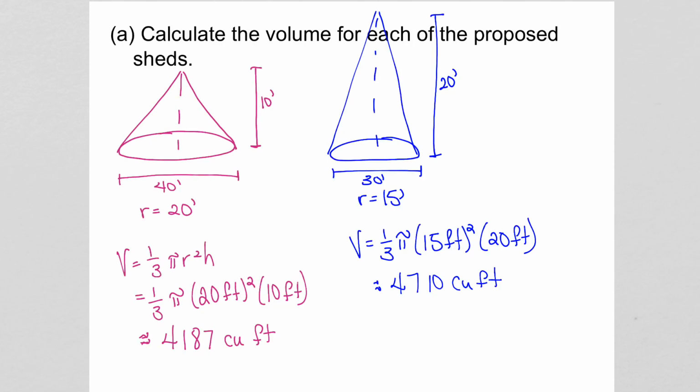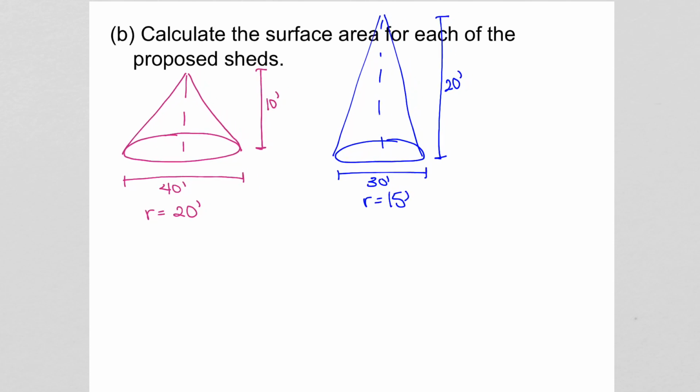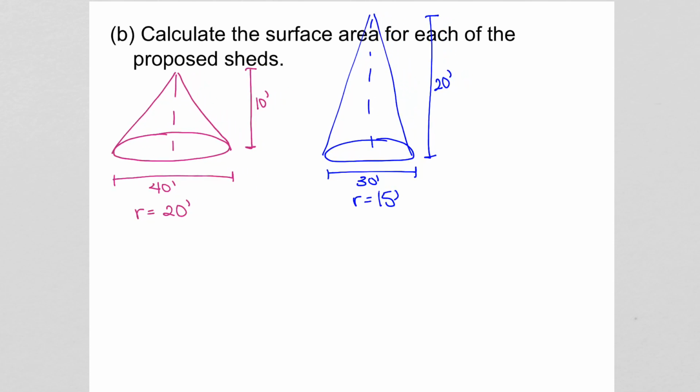Part B asks us to find the surface area for each. So the first one, it says surface area is pi r square root of r squared plus h squared.